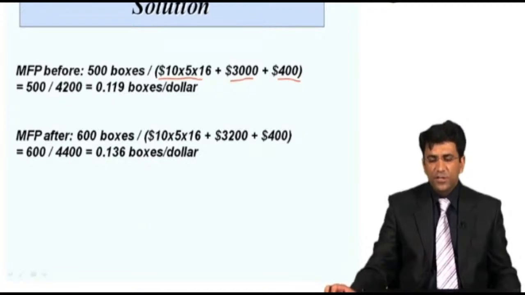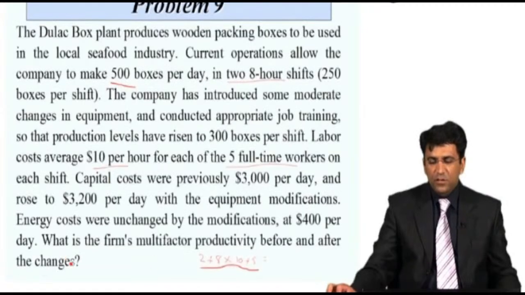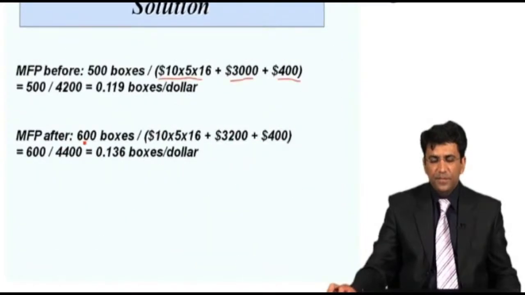Similarly, we can also calculate the productivity after the introduction of that equipment, and you can see the new output is 600. Again, 300 boxes per shift means there are 2 shifts, so total output will be 2 multiplied by 300, which is 600, divided by the same labor hours.